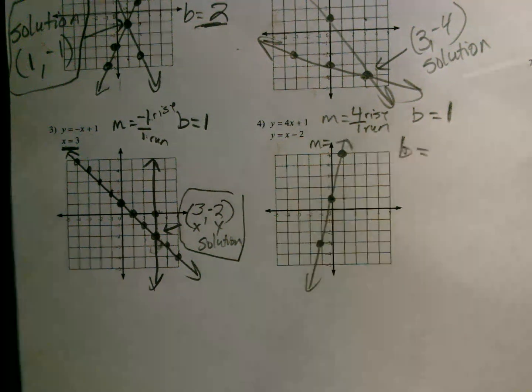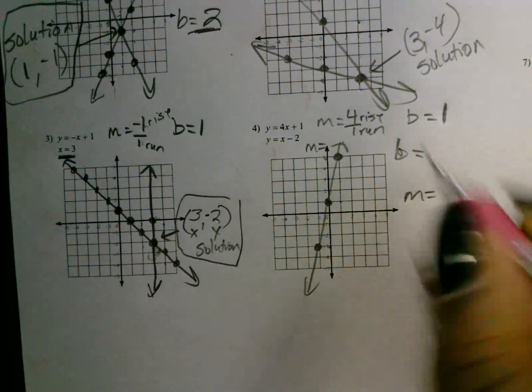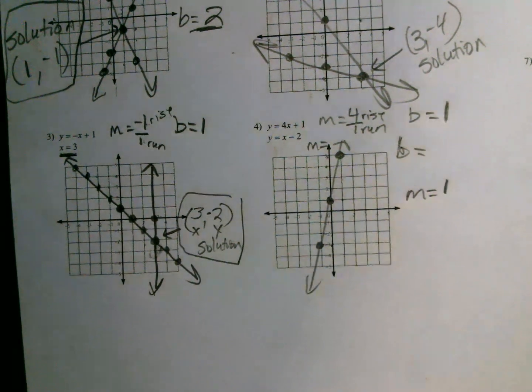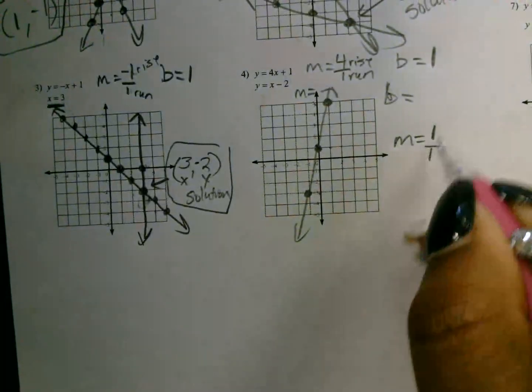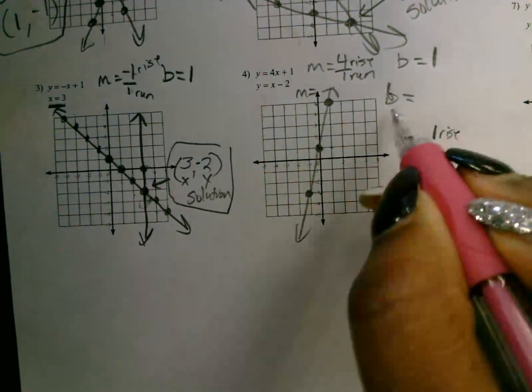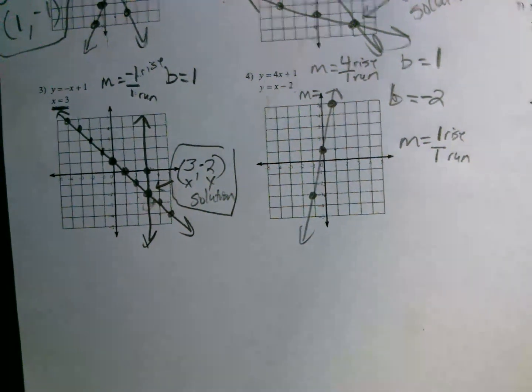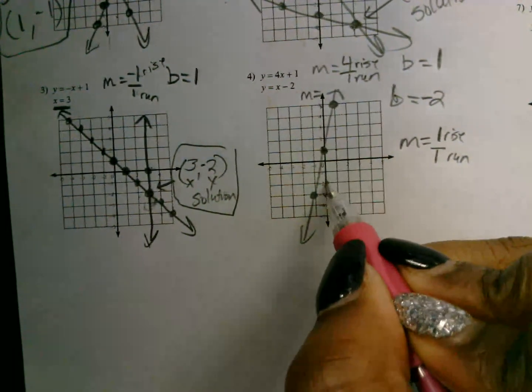Okay? M for the second equation is 1. To write that as a fraction, put it over 1. Now we have rise over run. B for the second equation is -2. So now we're going to find -2 on the y-axis, which is here.